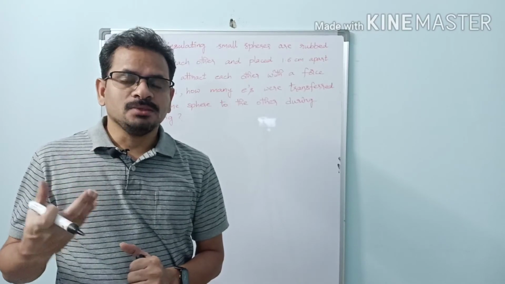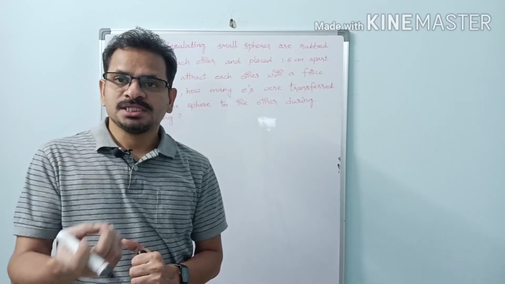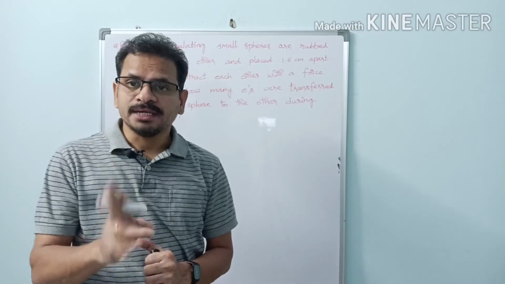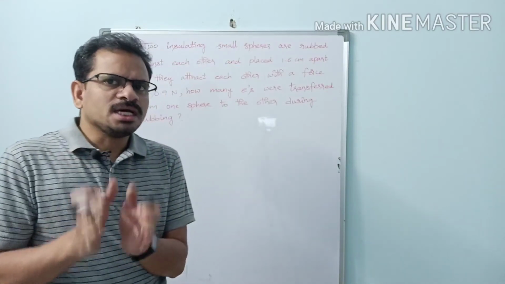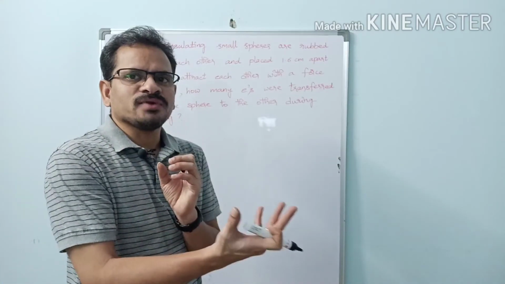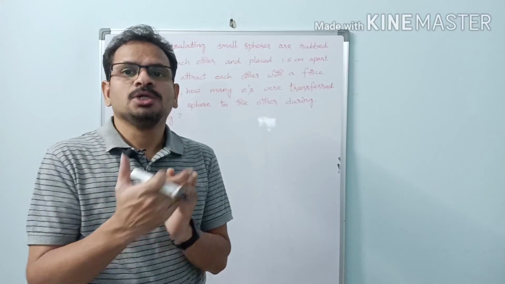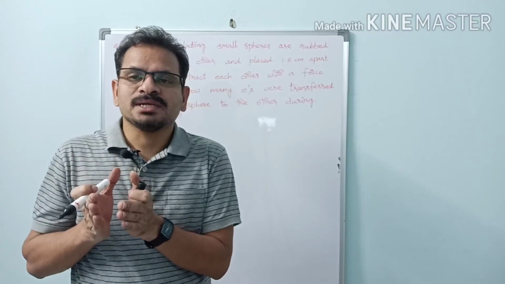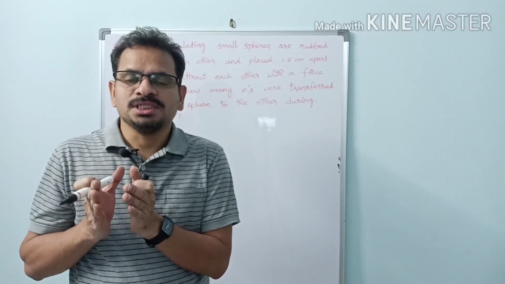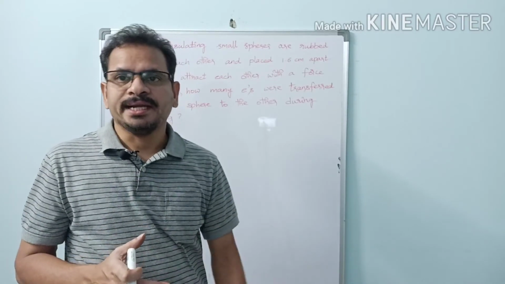The sphere which loses electrons becomes a positively charged body, while the sphere which gains electrons becomes a negatively charged body. So if one body loses 10 electrons to the other body, then the body which lost electrons becomes positively charged, and the other body becomes negatively charged.